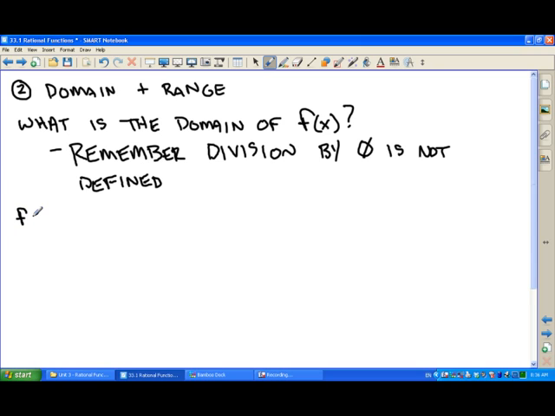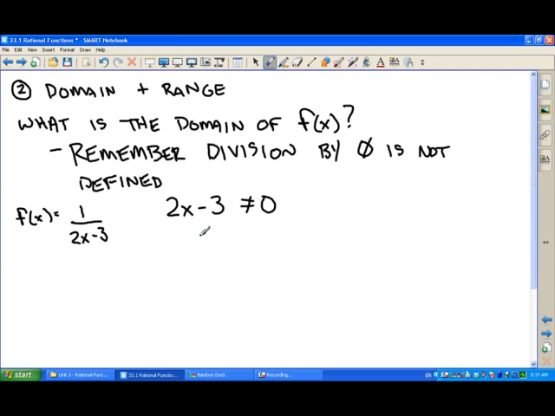So in our function that we're looking at, 1 over 2x minus 3, the denominator, 2x minus 3, cannot equal 0.